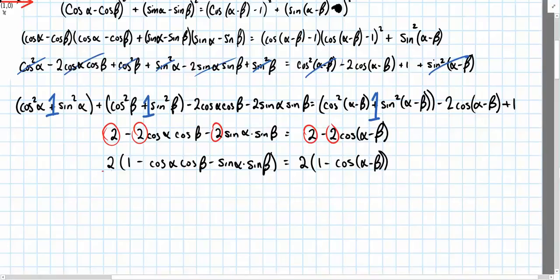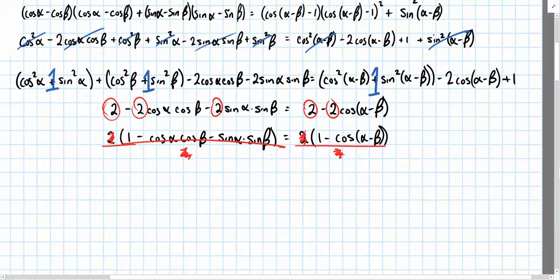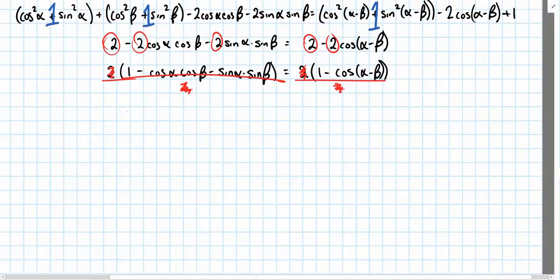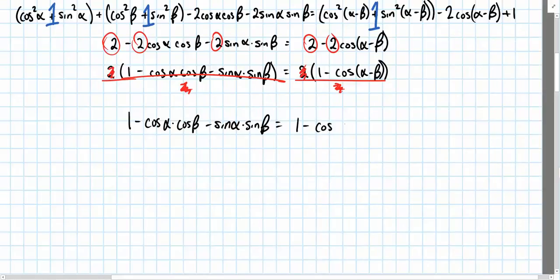So to clean things up, I can now divide both sides of the equation by 2, and as long as I apply that to both sides of the equation, then it's a legal algebra move. In doing so, that gets the GCF of 2 out of the way. And we're now left with 1 minus cosine alpha times cosine beta minus sine alpha times sine of beta, and that's equal to 1 minus cosine of alpha minus beta.